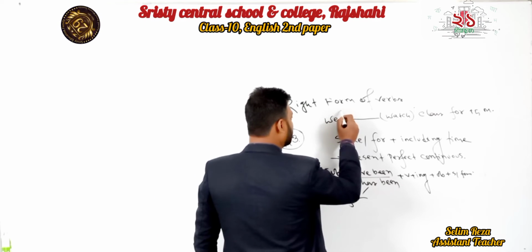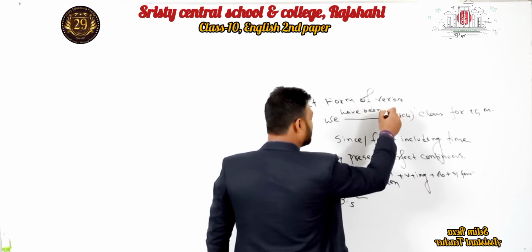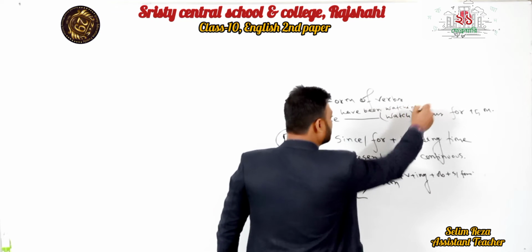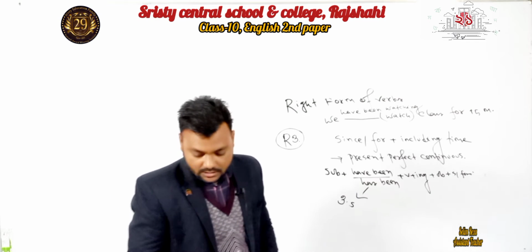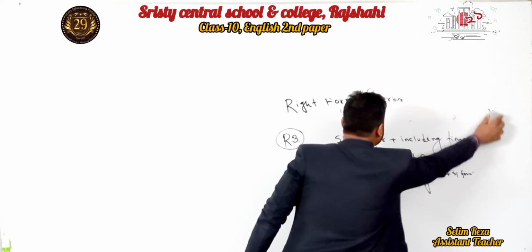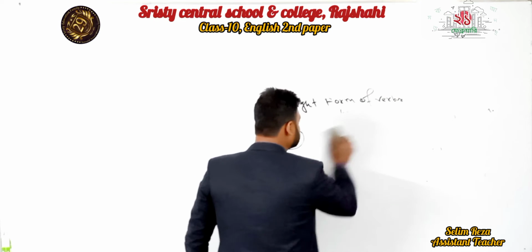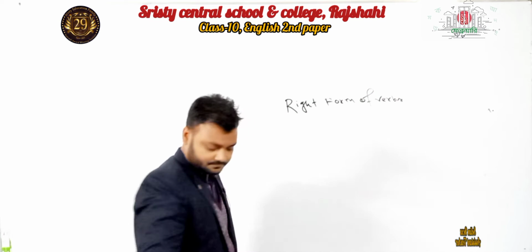So we should write have been watching. So have been watching is the right answer. Dear student, I have discussed with you about 3 rules and I hope you have understood whatever I discussed with you. Another rule I will discuss with you.